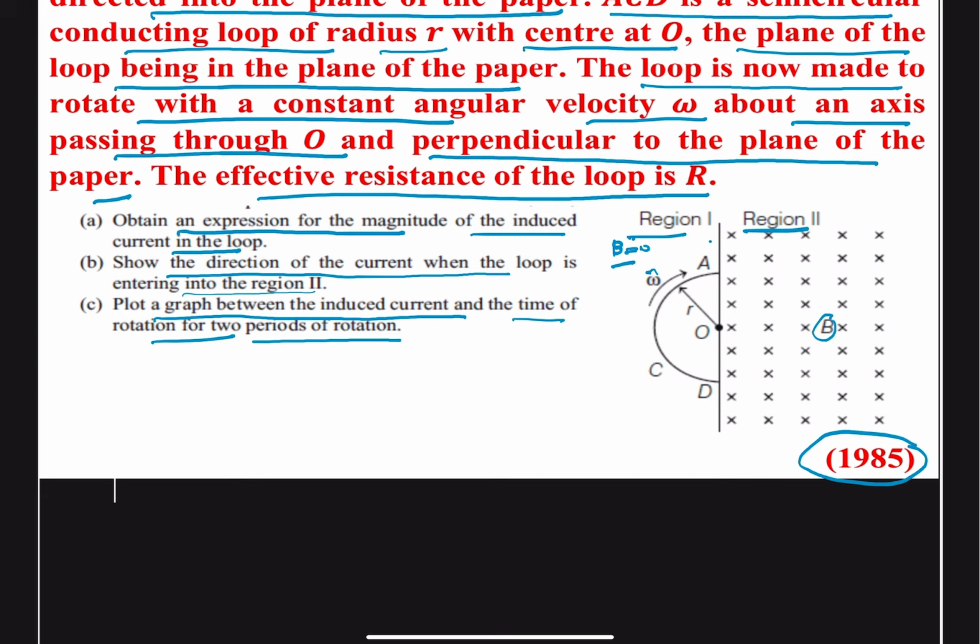The semicircular loop ACD is rotating in region 1 as well as region 2 continuously.